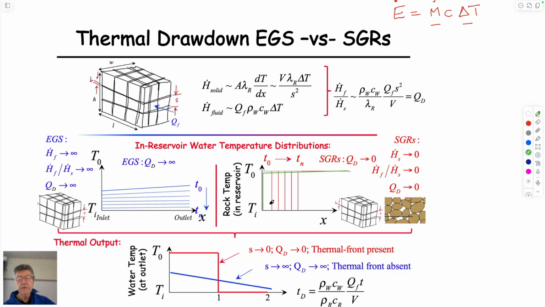As you push fluid through it, then you chill the reservoir behind it, but the reservoir would still be hot in front of it. Progressively, you'd further chill your reservoir, but it would still be hot in front of it. So when this particular front breaks through to your recovery well, this is when your reservoir is done.